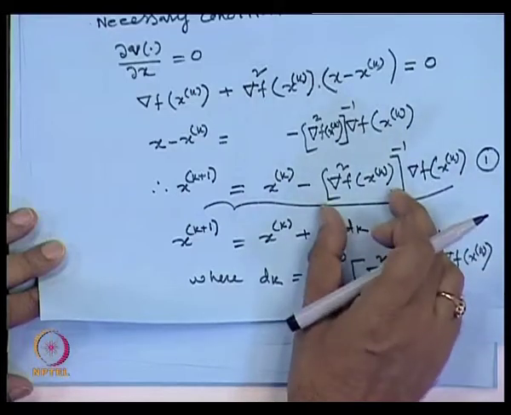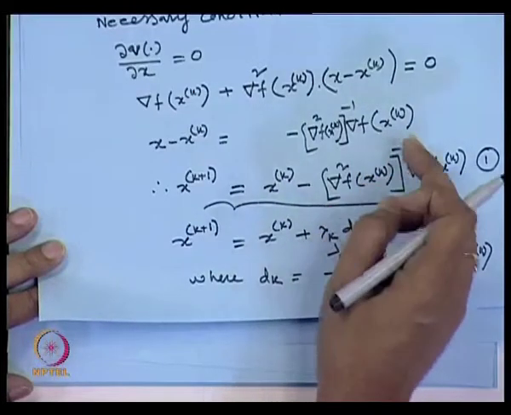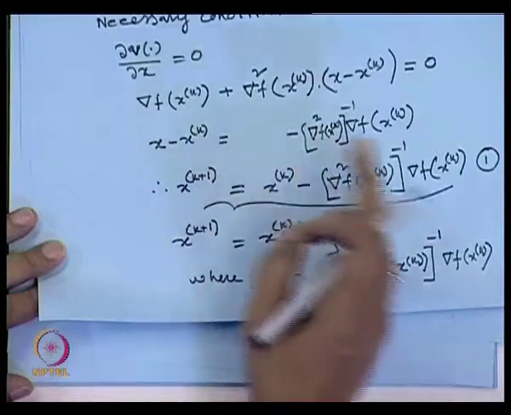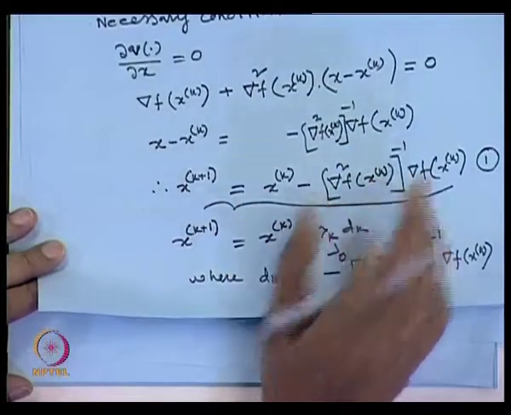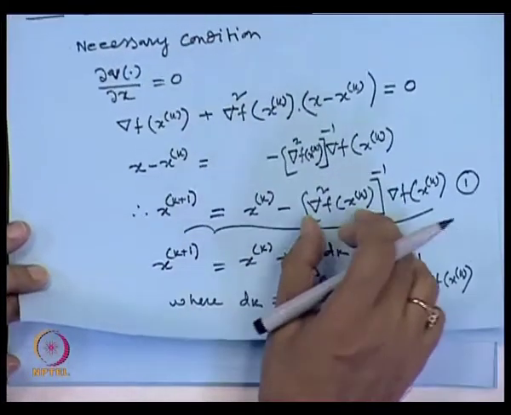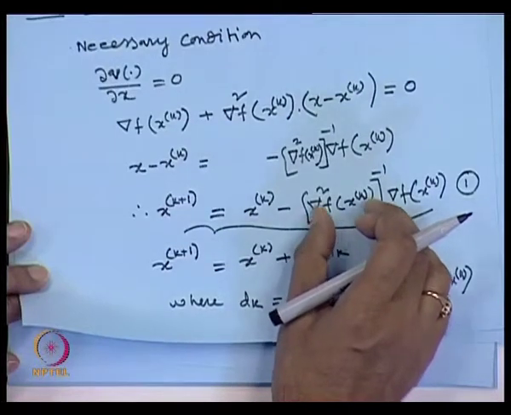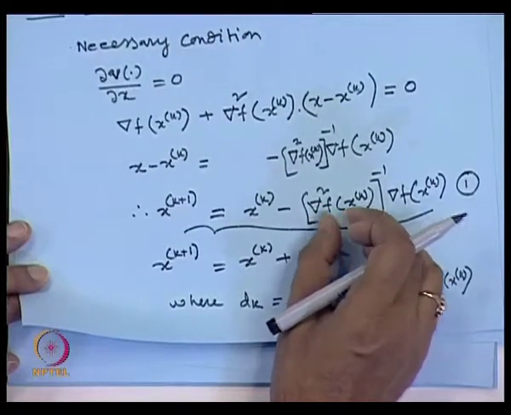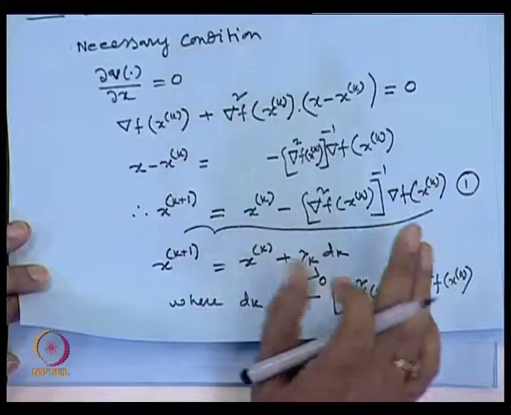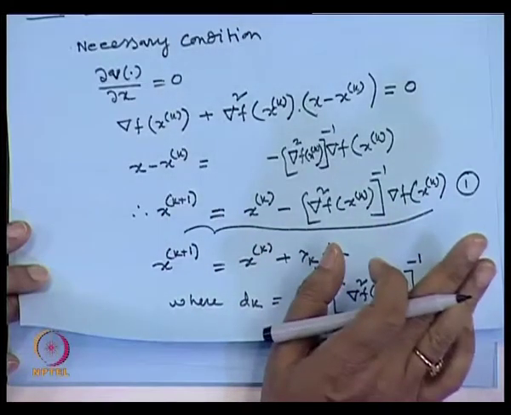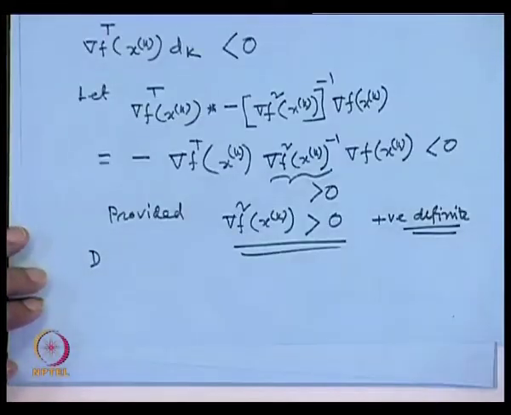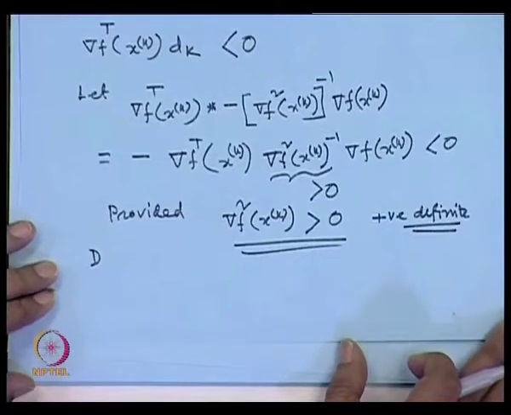So this is an n by n matrix inversion you have to do at each iteration. That is one drawback. Another drawback, the Hessian matrix, or the second partial derivative of the function, must be positive definite. So these two are the drawbacks of this algorithm.